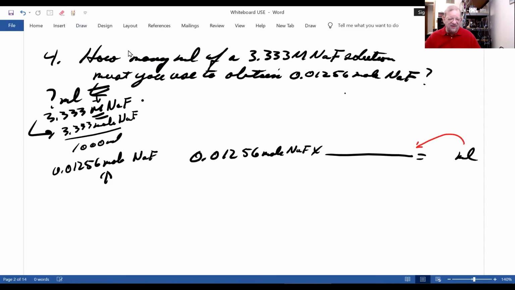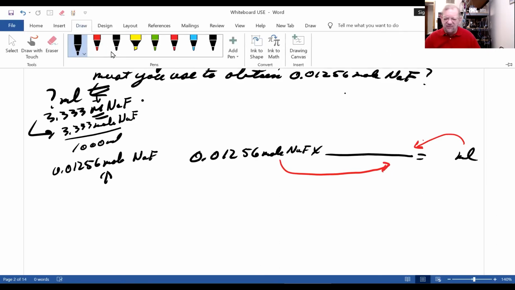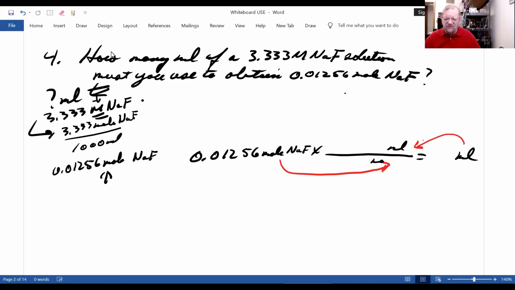Remember, I'm still trying to get the Guinness Book of World Record saying that phrase the most times in one semester in a chemistry class. Somebody counting for me? Whatever I'm trying to get to goes on top of the ratio. Whatever I'm trying to get rid of goes underneath. We're talking about the units. This is milliliters. This is moles of sodium fluoride.